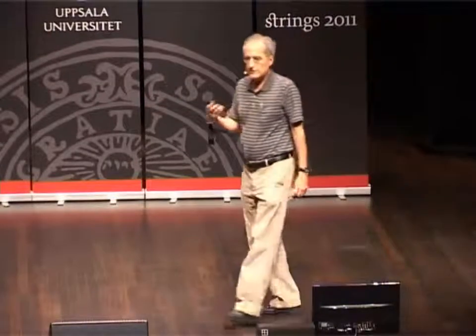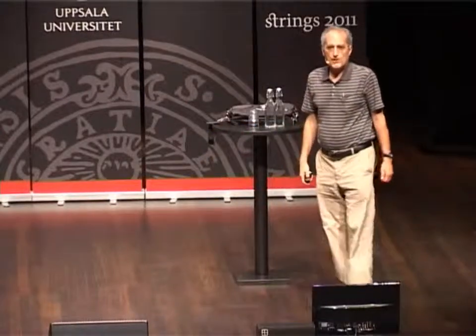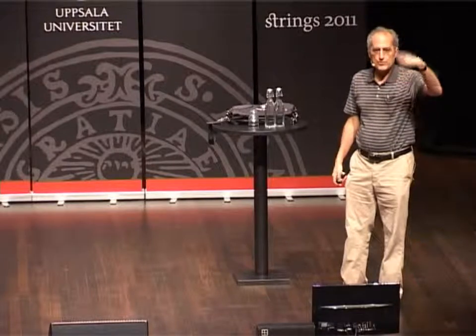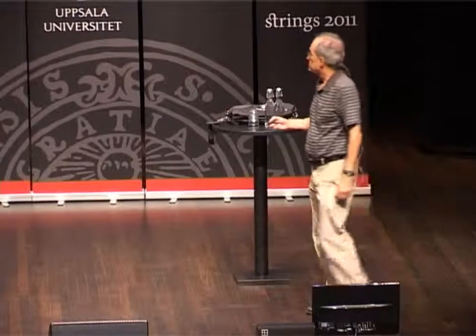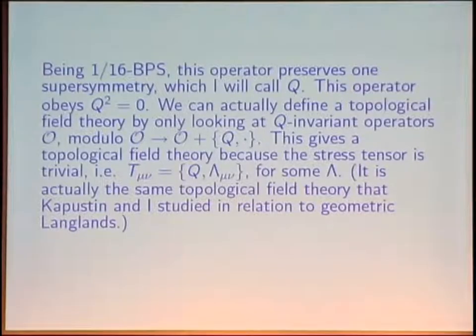So starting from N=4 super Yang-Mills, you can construct a topological field theory that has observables that are Wilson loop operators for an arbitrary loop in spacetime. This actually is the same topological field theory that Kapustin and I used for geometric Langlands.